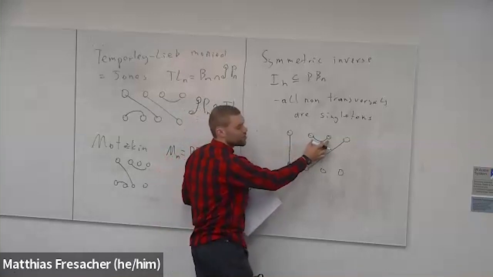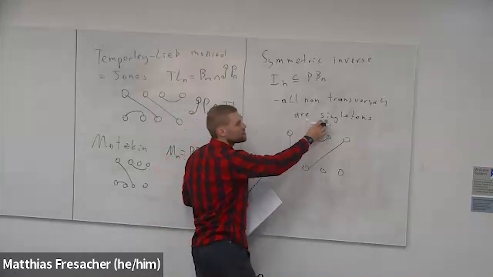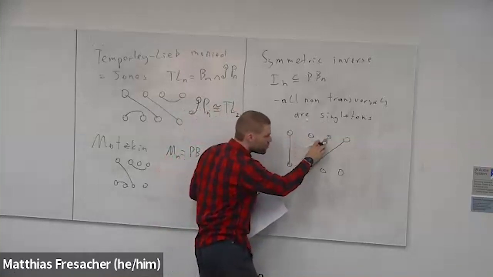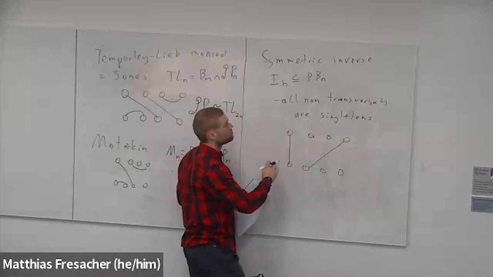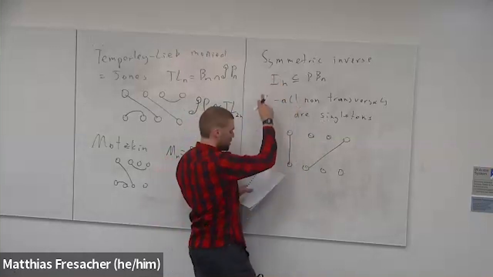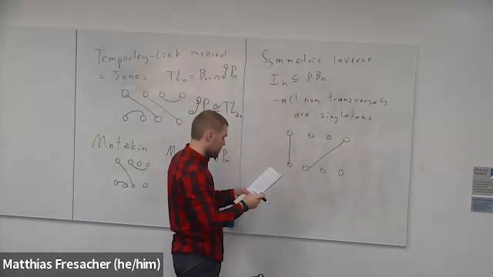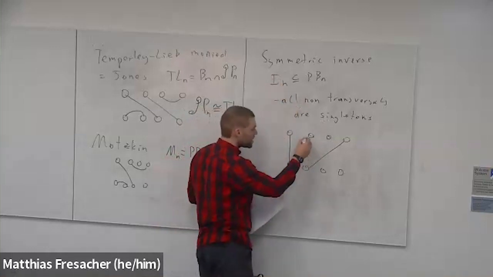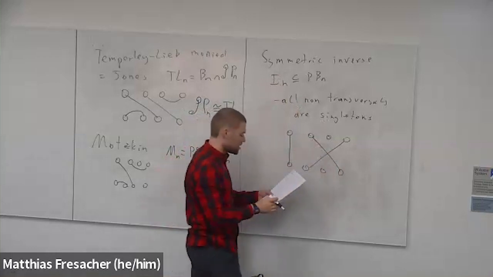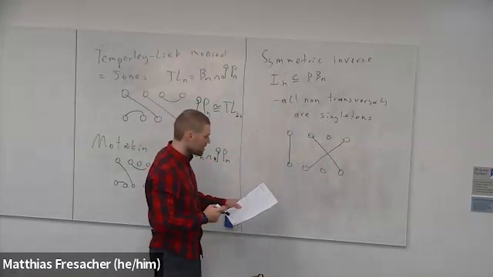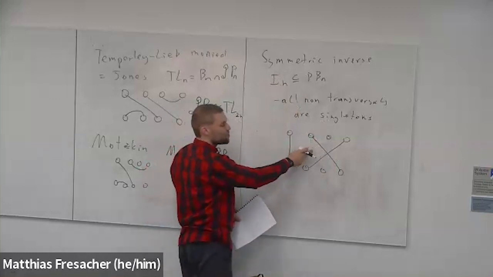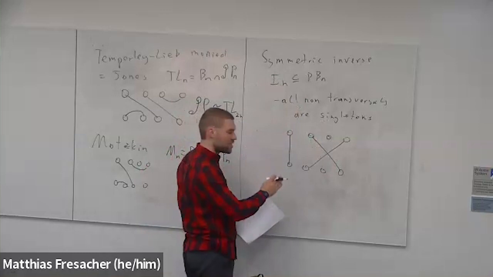So we have a non-transversal block here. This is not a singleton, so we have to remove this edge. Now we get a symmetric inverse diagram. I keep picking bad examples, so let me put a crossing in here, because I'm giving the game away. We can now consider all of these without crossings being planar.